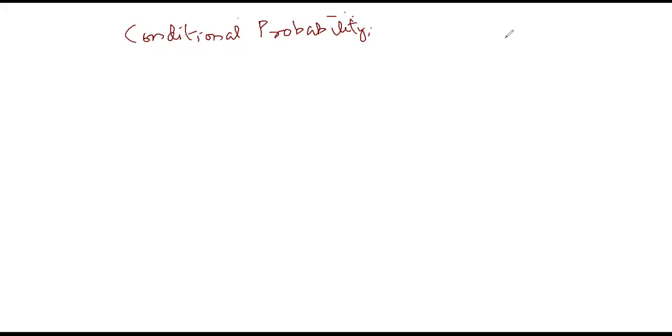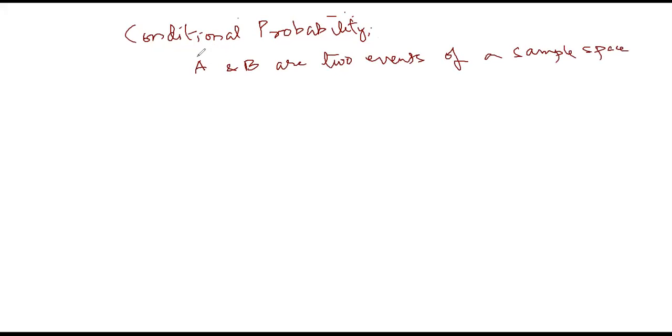I'll explain it rather than writing the definitions. You can see them in your textbooks. A and B are two events of the same sample space in a random experiment.